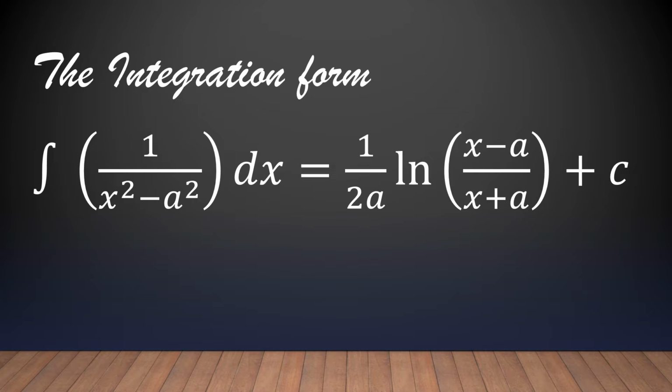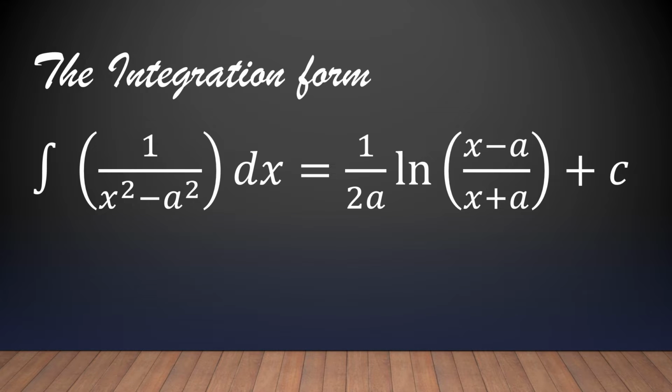So you are going to get 1 over 2a, ln of the absolute value of x minus a over x plus a, plus a constant, of course.